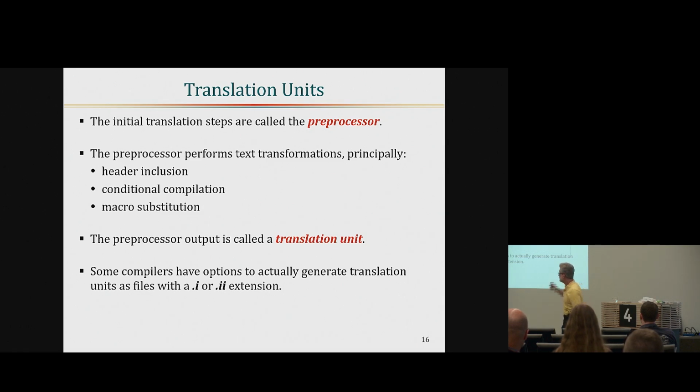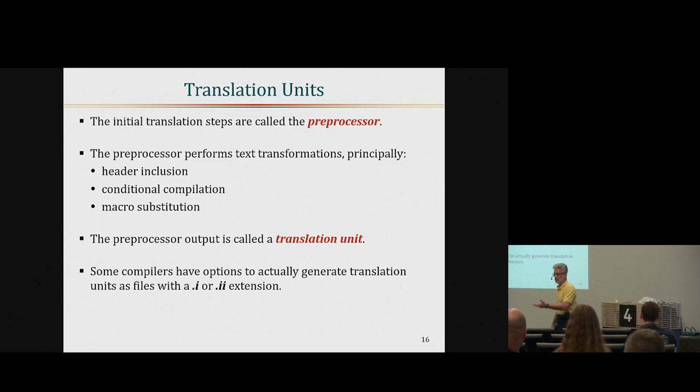It's called a translation unit. Essentially, a translation unit is the result of running a C or C++ source file through the preprocessor and spitting out a new source file in which all of the preprocessor directives have been processed. All the includes have been done, all the conditional ifs and elses have been handled.